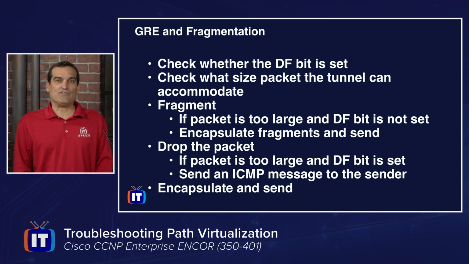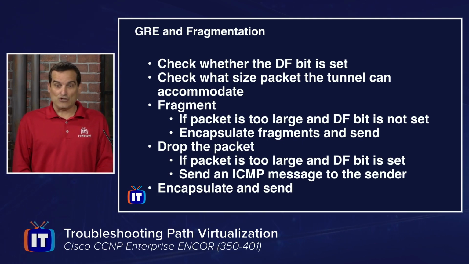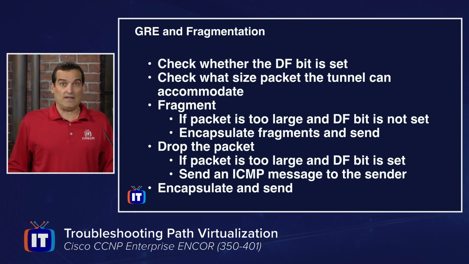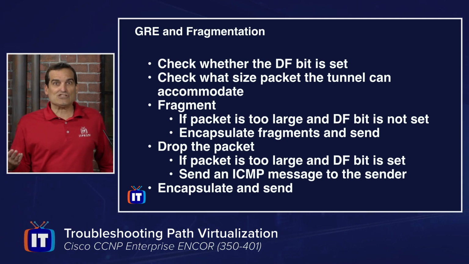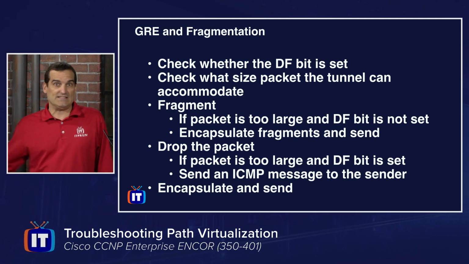What's going to happen is first, there's going to be a check whether the DF bit is set, right? So your tunnel interface is going to be like, oh, okay, can I even fragment this? Is this permitted to be fragmented? That's question one. Obviously, if the answer is no, it can't be fragmented, it's either going to be dropped or encapsulated and sent.